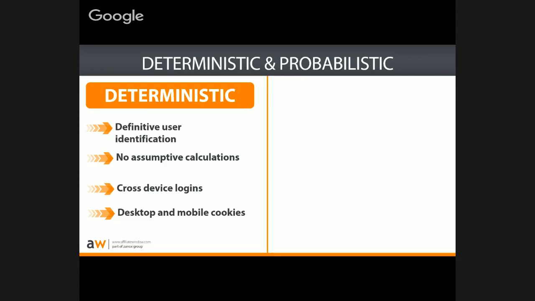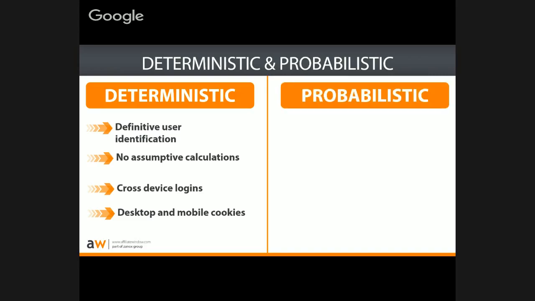Normally, deterministic tracking relies on users logging in across multiple devices, and normally it relies on cookies to identify those users. Probabilistic, on the other hand. Probabilistic cross-device tracking collates a number of anonymous data points. Some examples might be device type, location, operating system, and it matches these together and uses statistical algorithms to create likely matches between devices.